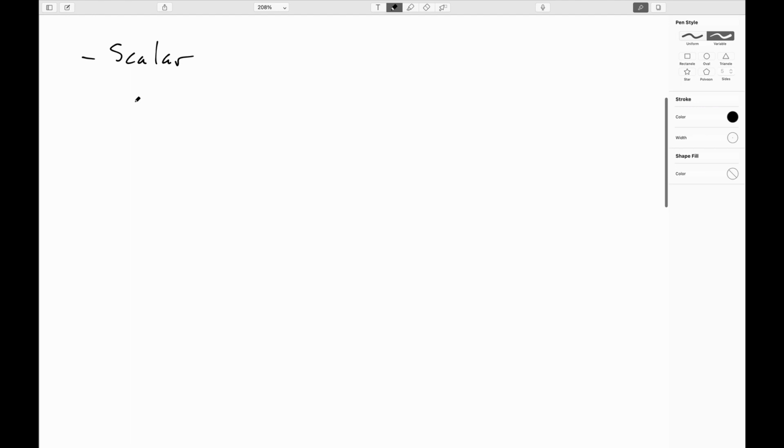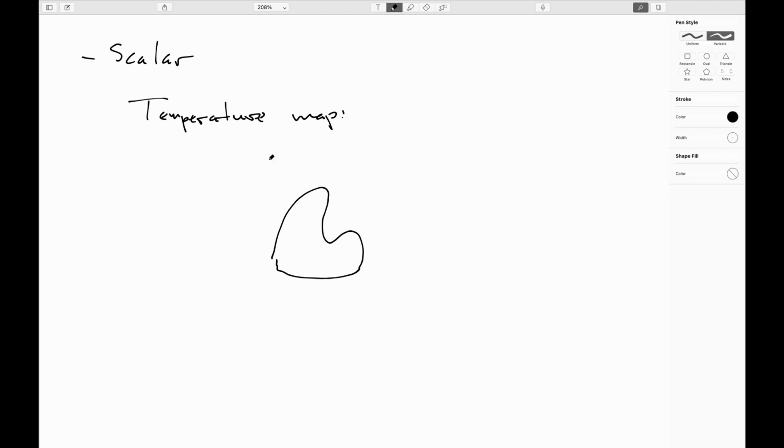So as an example, if you look at a weather map and you look at a temperature map, say, pardon my horrendous art here, but there you go.